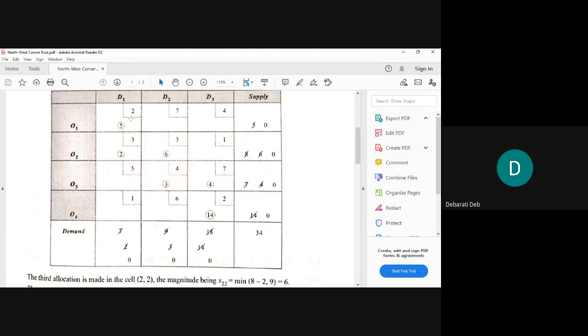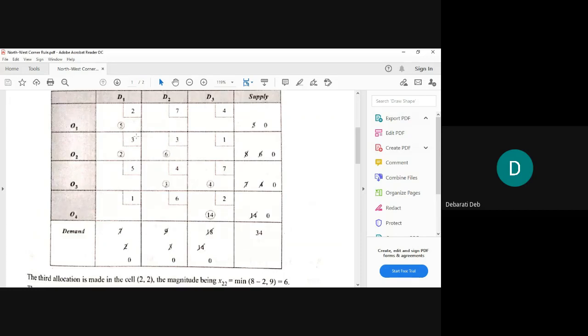Those are nothing but your cost. So you will have to multiply the circled number with the boxed number. Okay, and then you have to go on adding after you perform all the techniques of reaching the last corner from the northwest corner.